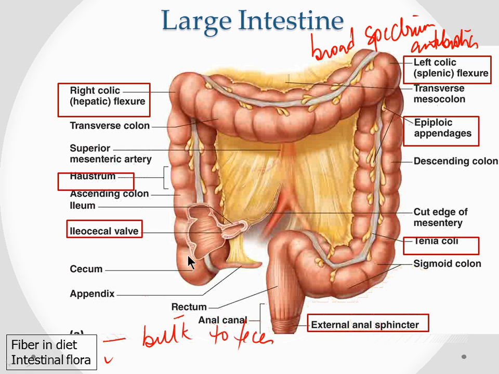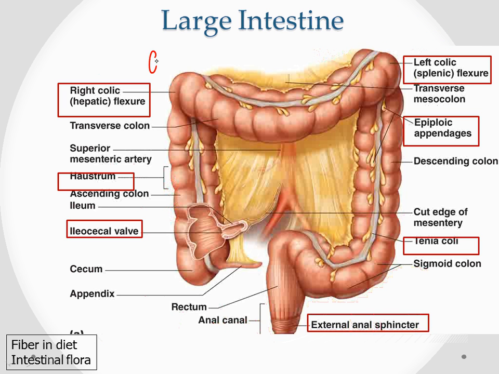Now it needs volume to push against. So if the volume of your final feces is very little, it's going to push against something with less resistance. So the contractions are so strong that you will end up with little pockets going out like that, which are known as diverticula. When they get inflamed, it's known as diverticulosis.